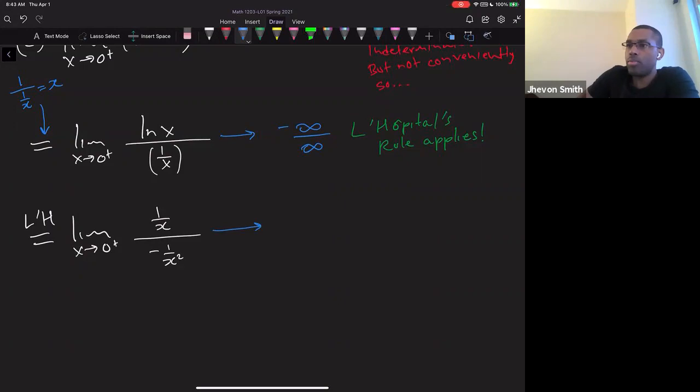The top, 1 over x, as x approaches 0 from the right goes to infinity. The bottom, minus 1 over x squared, goes to negative infinity. So at this point, you go L'Hopital's again, because I said you could repeatedly do it.